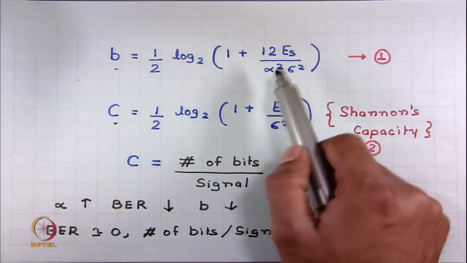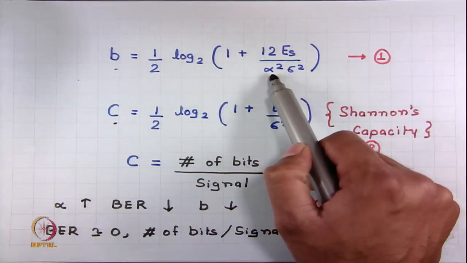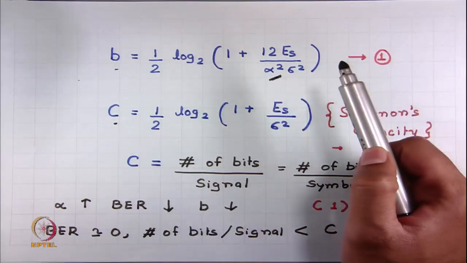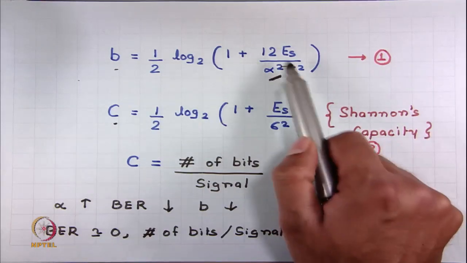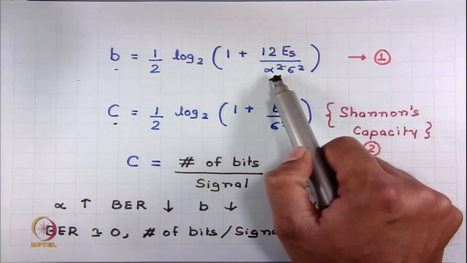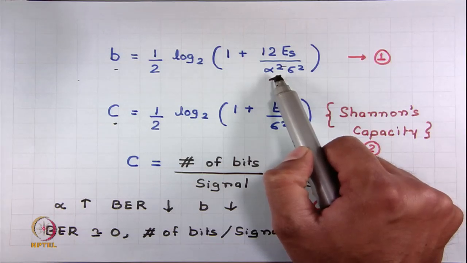This formula says that if you increase alpha, then you reduce the effect of noise, because what you are doing is increasing the distance between the two symbols. If you increase the distance between the two symbols, it is less likely for the noise to create errors, because noise amplitudes must then be much larger.